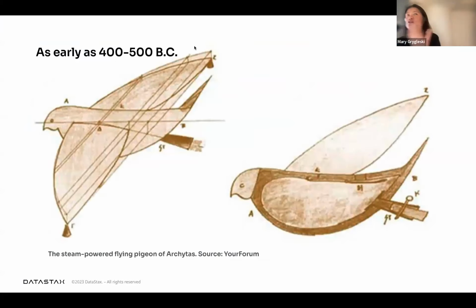When I first started to work on this like 2.5 months ago, I was thinking, let me try to understand AI a little bit more. But if you look deeper, what I found in my research is that a steam-powered pigeon, developed by the Greek philosopher Archytas, can qualify as a sort of artificial intelligence.